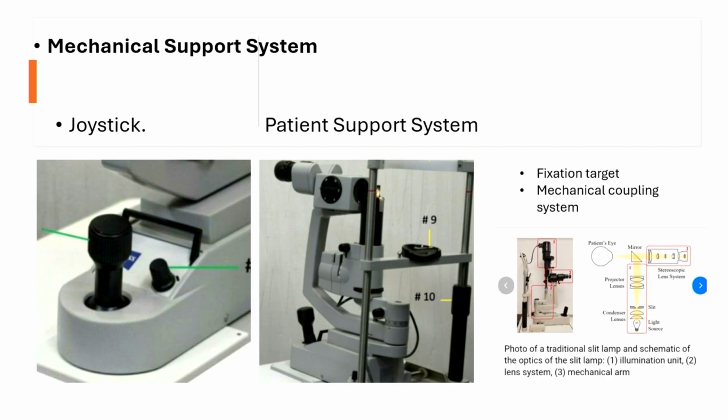And coming to the mechanical coupling system, this allows the illumination system and the microscopic or observation system to be aligned in their plane, so that when the illumination is shone onto the eye, you can perceive the image of the eye. So this coupling allows better illumination and a better magnified image.